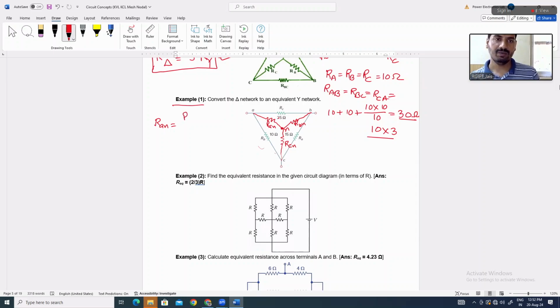So RAN will be equal to RB into RC divided by sum of all delta connected resistances.